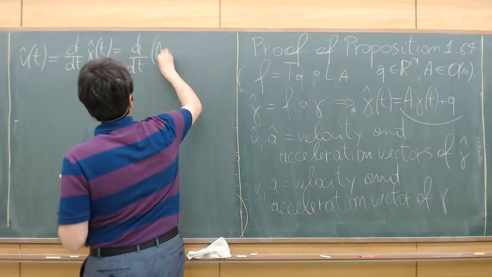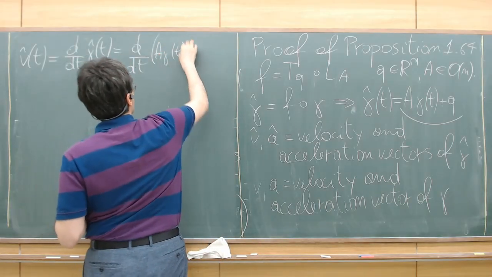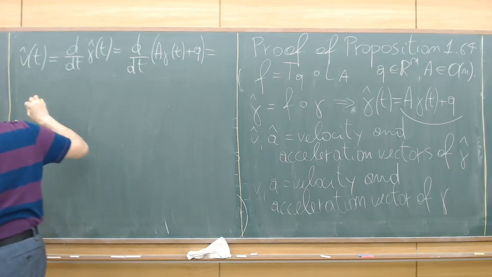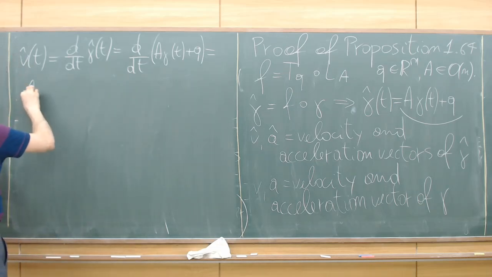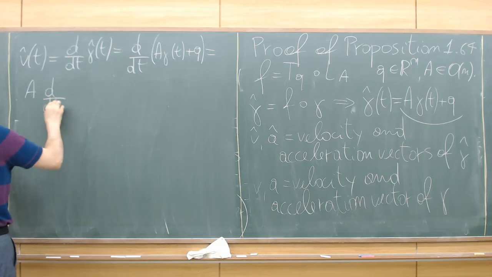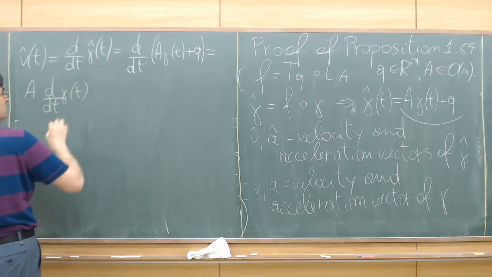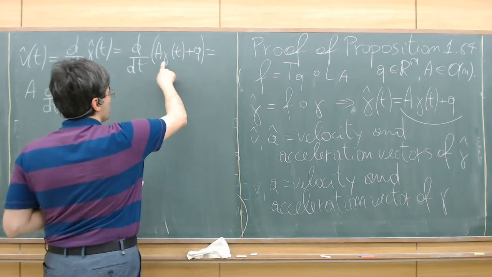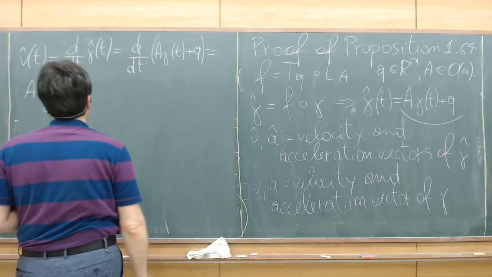We have A gamma of t plus q, and this is equal to A d/dt gamma of t. Why? Because q is a constant and A is a constant matrix.